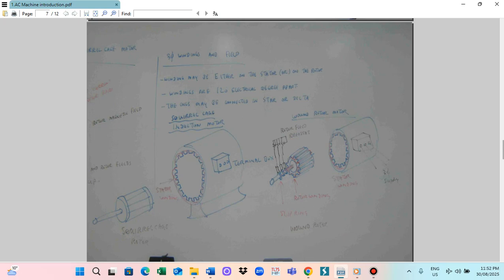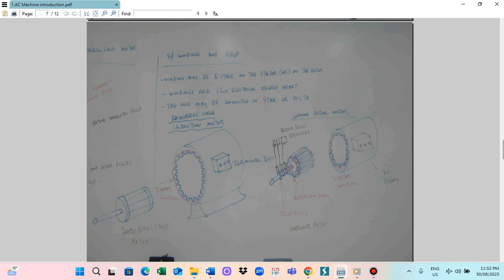Induction motor means the construction of the induction motor. This is a stator here, with slots. So this is the stator winding slot, and we roll the winding into the slot.